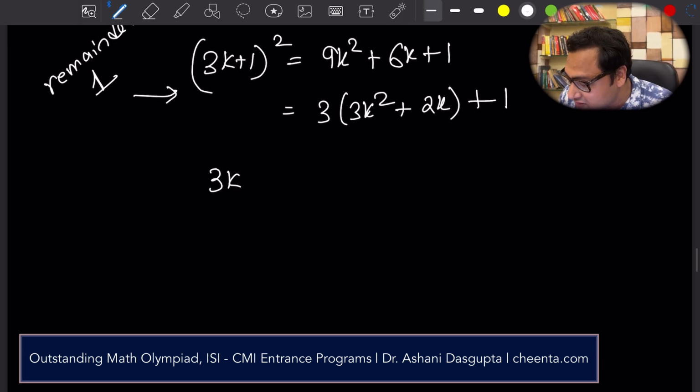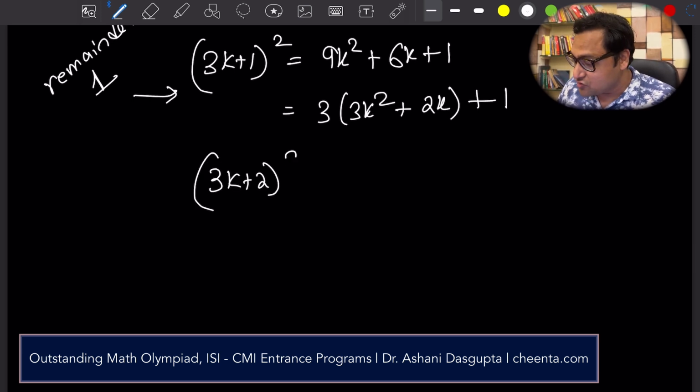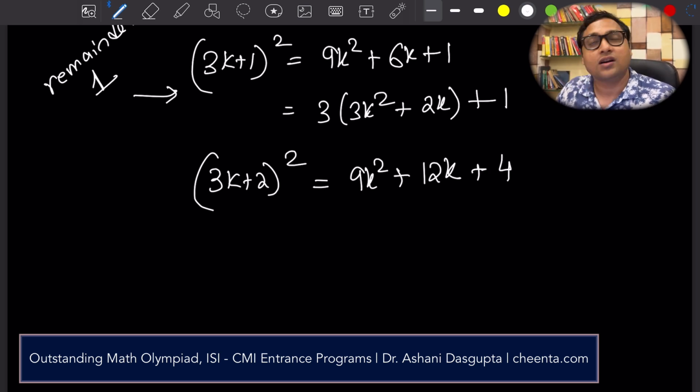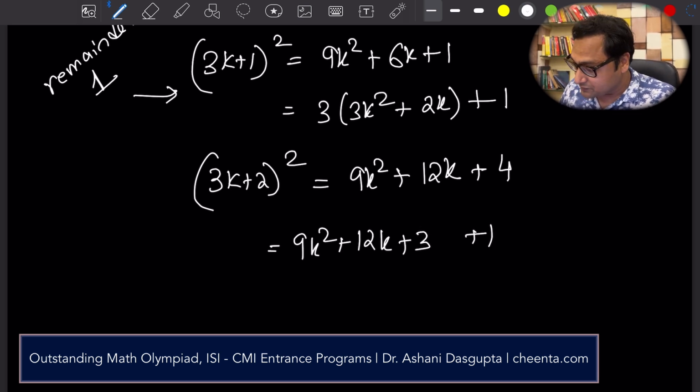But let's come to the third part. 3k plus 2 whole square. That is 9k square plus 12k plus 4. Now notice what we have. 9k square plus 12k plus 3 plus 1. Just I wrote the 4 as 3 plus 1.